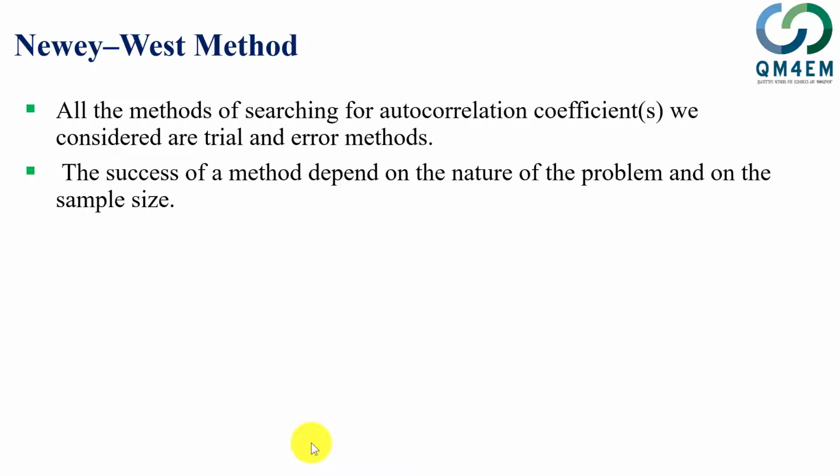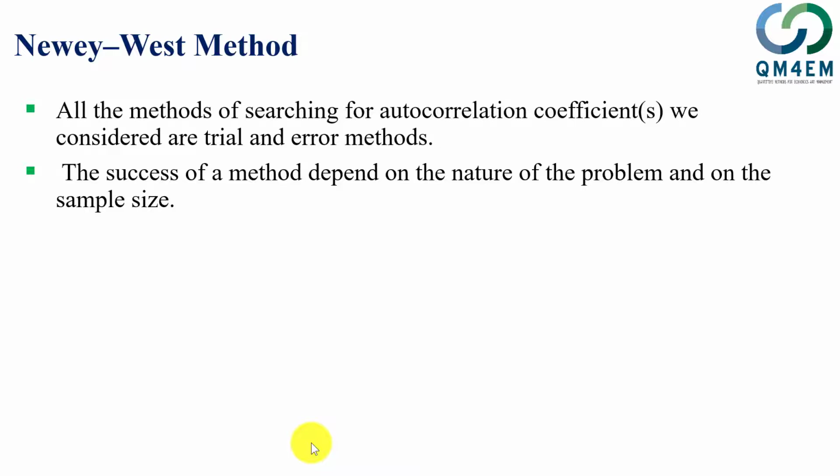For example, in the first difference transformation, we presume that the error terms are positively correlated, or rho should be equal to 1, or the method based on the Durbin-Watson d-statistic requires a larger sample size. So the Newey-West method is a slightly different method.